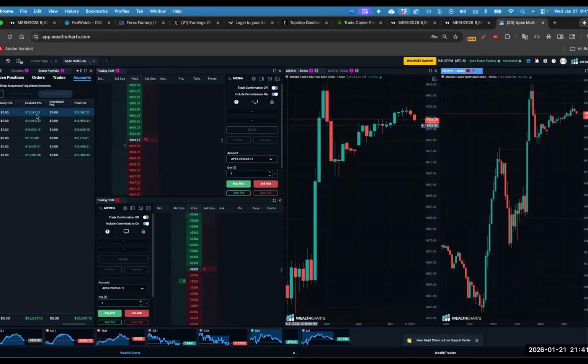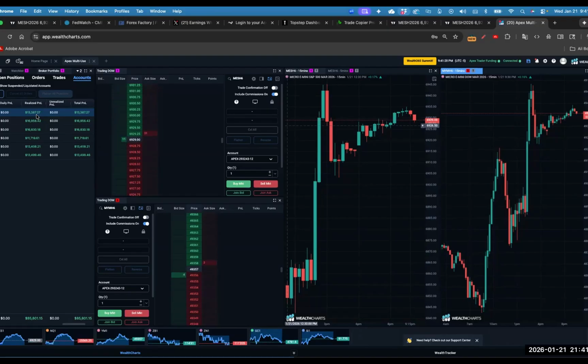You have to make a certain amount of money based off of your account size. My account is a $300,000 account, and then I got a $150,000 account, and I got a $100,000 account.